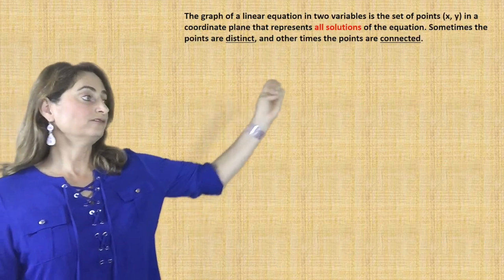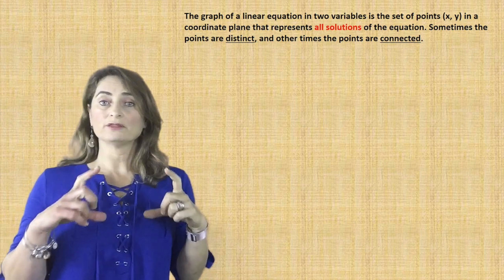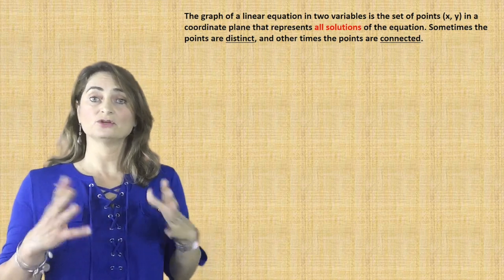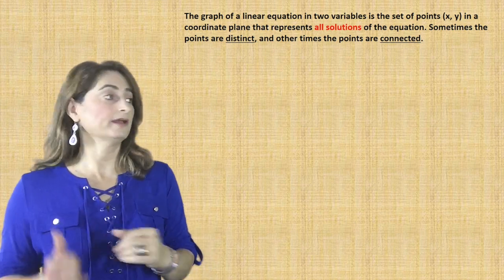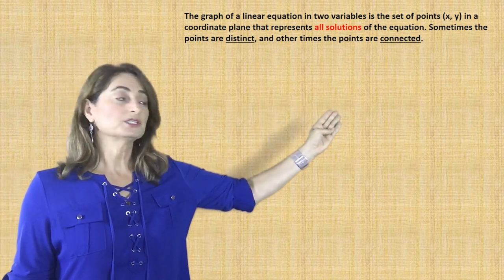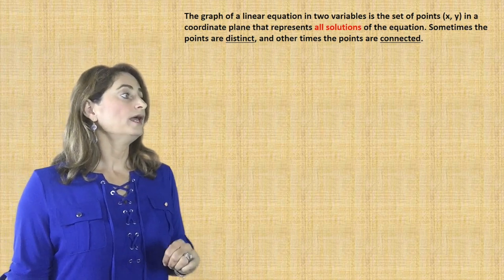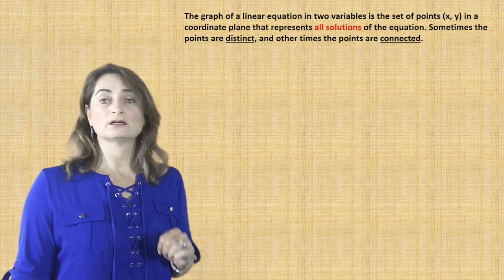Now, the graph of a linear equation in two variables is the set of points x and y, and those are the solutions, where x is the domain and y is the range. In a coordinate plane, that represents all solutions of the equation. Sometimes the points are distinct, and other times the points are connected.